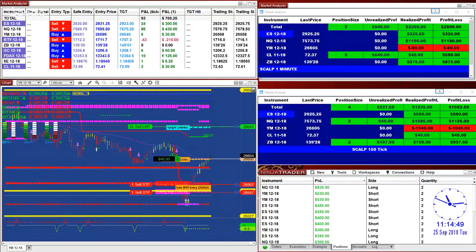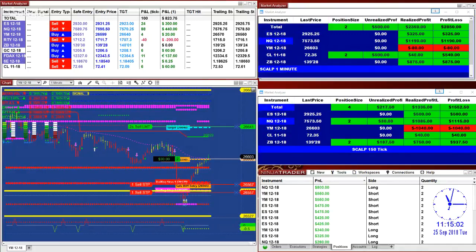So this is a new signal we have. Target 641.